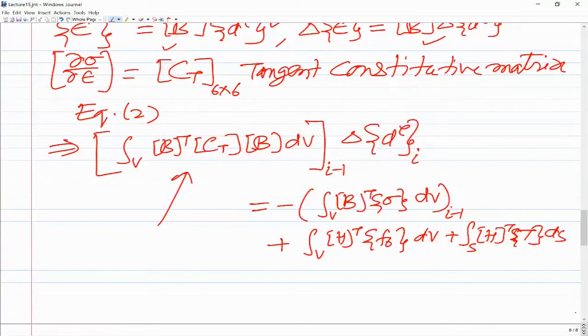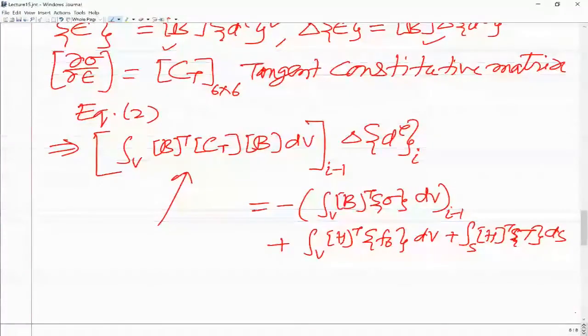Sir, do we take the B matrix at the ith iteration or at the i minus 1 iteration because of the small deformation term? Actually, for small deformation problems, B is going to be independent of d. Ultimately, your unknowns are the vector of elemental degrees of freedom. B would depend on d if you were considering finite deformations with nonlinear terms in the strain displacement relations. In that case, B will also be a function of d.